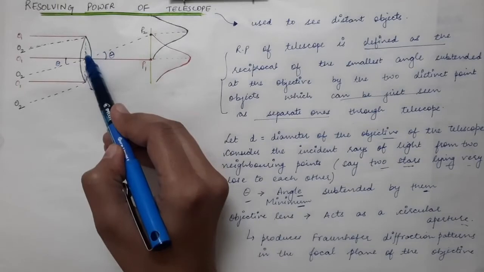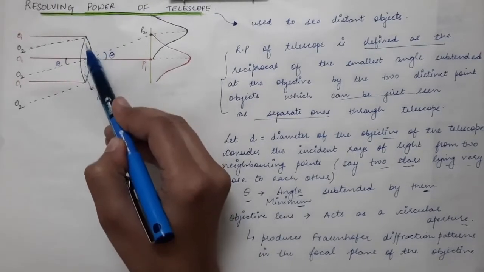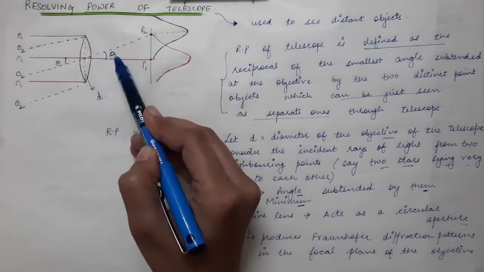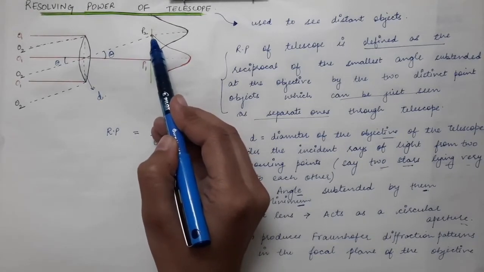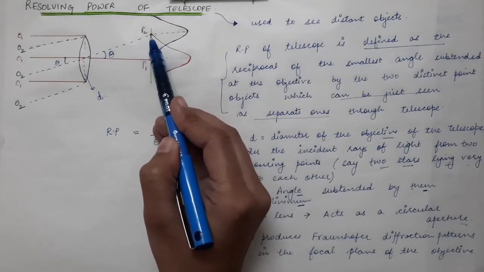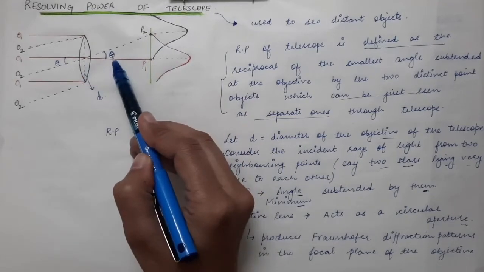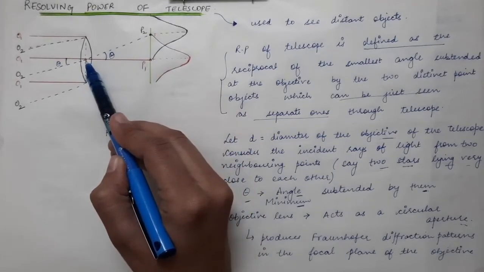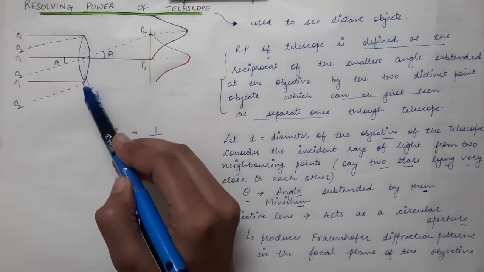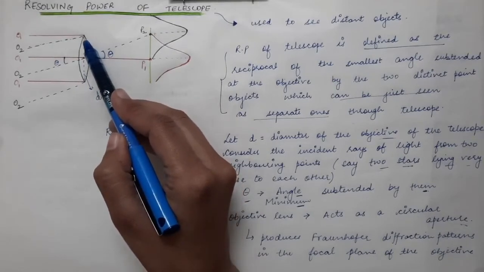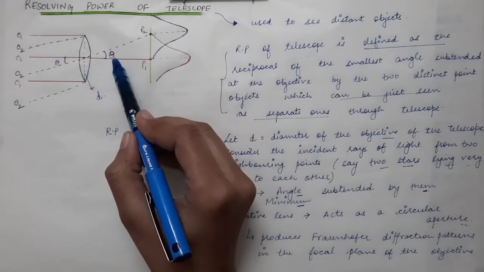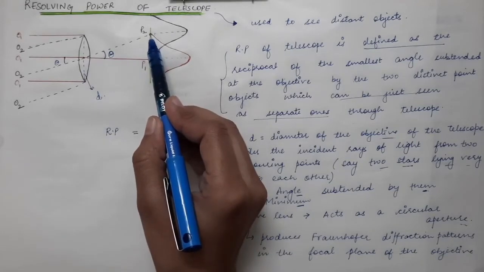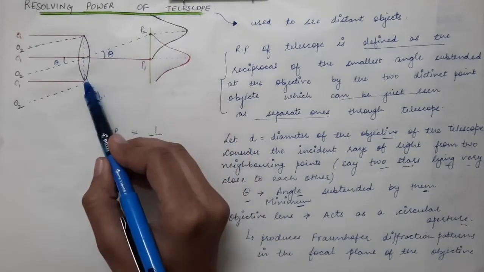This is the width of the slit, and this is the angle of diffraction of this P2 point. This P2 point has angle of diffraction equal to theta, because this is the center of the slit. This objective lens will act as a circular aperture, and this theta angle is nothing but the angle of diffraction of this P2 point, and the width of the slit is equal to d.